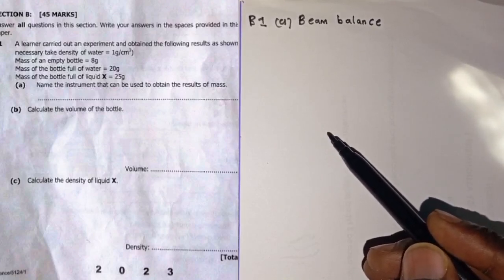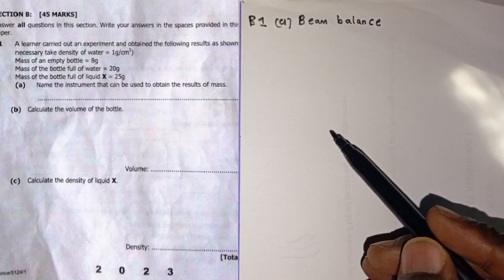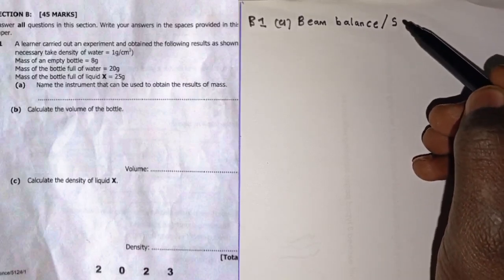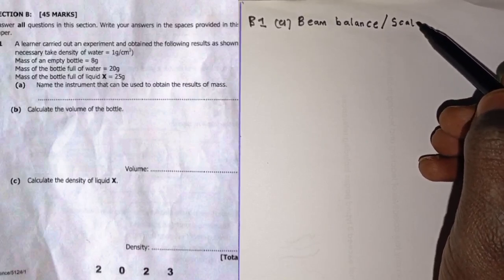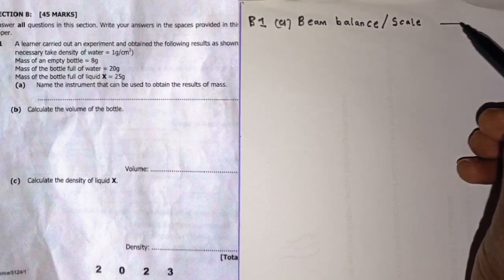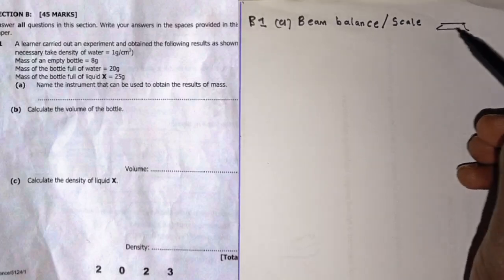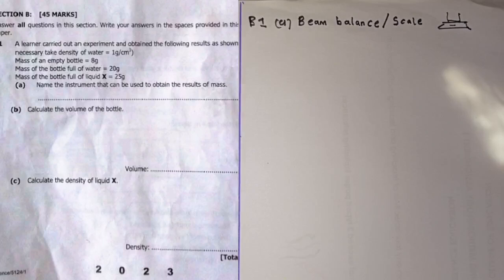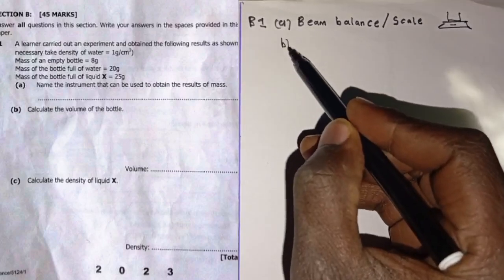Also, laboratory scales can be used. They are somewhat like this, and you simply put something here and then you can read the mass there. Then we go to question B.